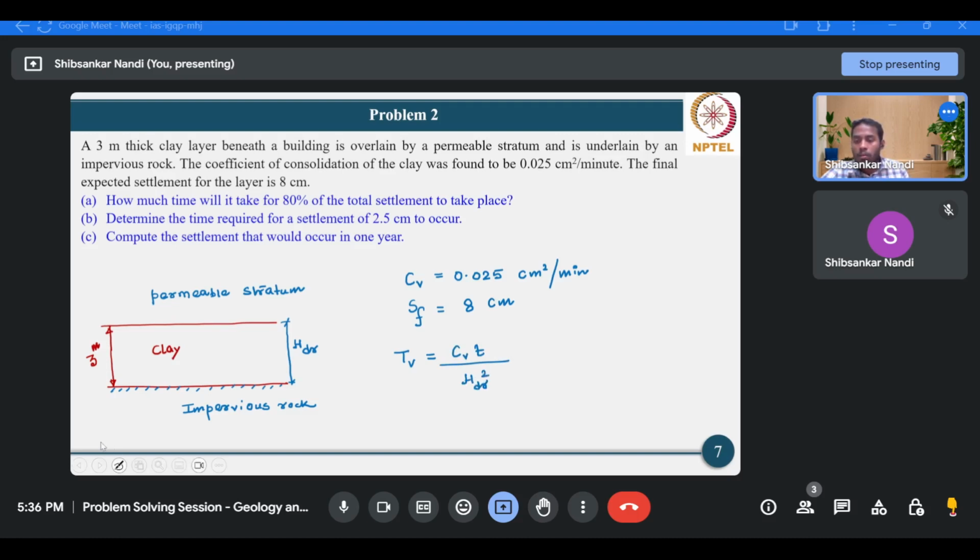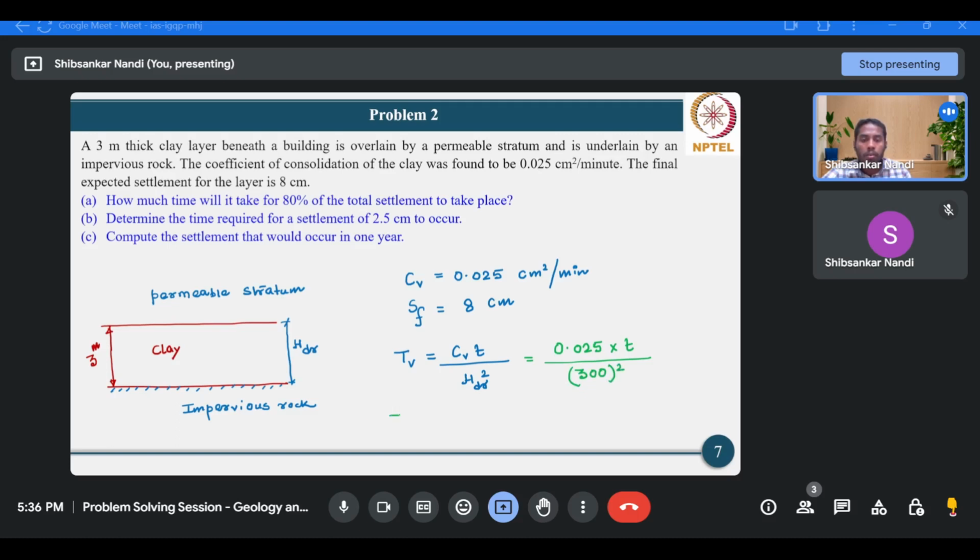Now, we know the value of CV. The CV value is your 0.025 multiplied by T and HD square, that means 300 square.